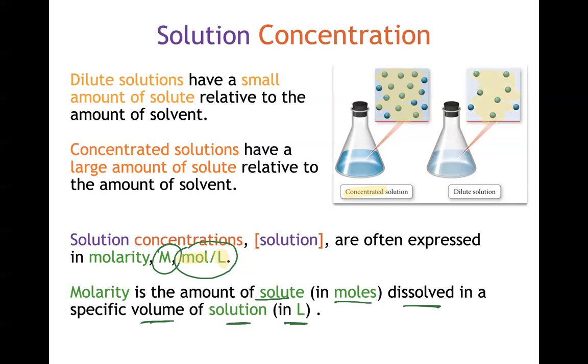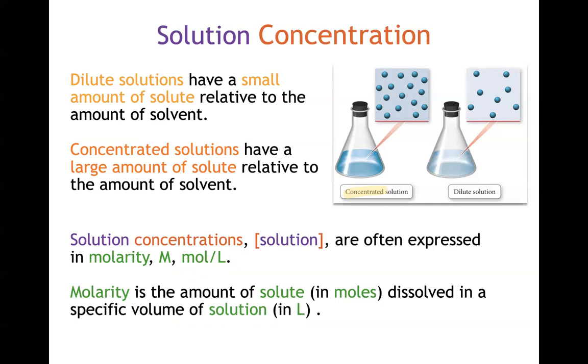So if you don't change the amount of solute, you just increase the volume of the solvent or the solution, then the solution becomes more dilute, or what we refer to as less concentrated, right? So we could dilute solutions.